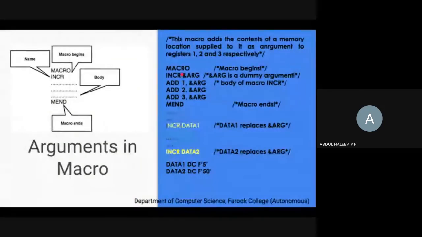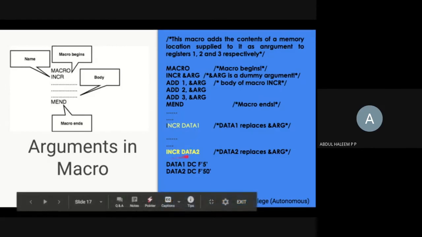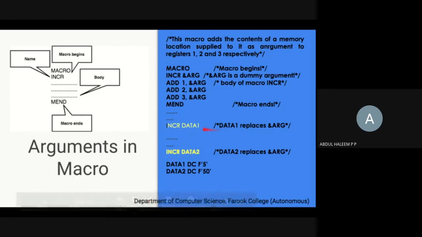In the macro definition, we add the argument name with the ampersand character, whereas when we actually call it, the ampersand character won't be there. Instead, the actual argument will be added. So INCR data1. Here the second call comes, INCR data2. Here data1 replaces arg in the body of the code.